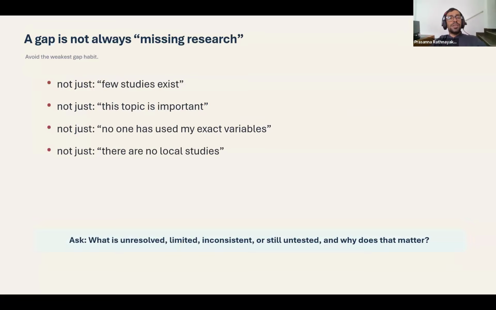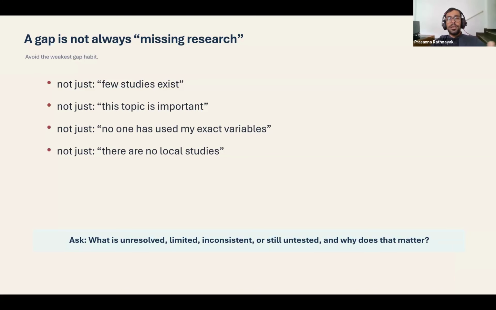Remember, a gap is not always some missing research. This slide is really important. Many young researchers learn one phrase. What is it? Few studies have examined. Less study happen to take place in this area.